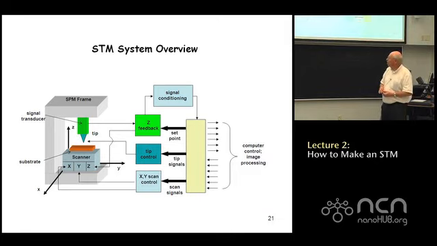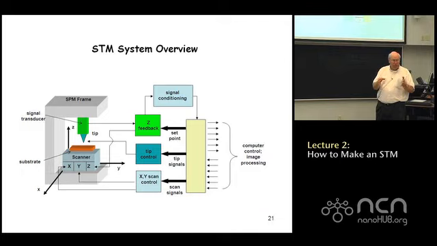Okay? You also often have a signal transducer, something on the tip that takes the signal that monitors the distance between the tip and the substrate and turns it into a signal that you can measure. For an STM, that signal transducer is a current to voltage converter.